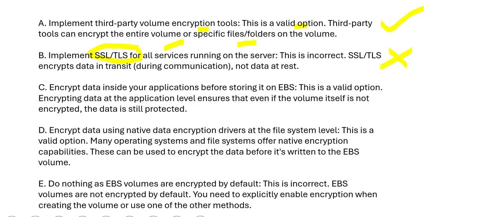Third says encrypt data inside your applications before storing on AWS. So encrypting data at application level ensures that even if the volume is not encrypted, the data is still protected. So this is a good way. This is correct. D says we will encrypt the data using native data encryption drivers at the file system. So this is valid. Many operating systems offer native encryption. So you can use this also.